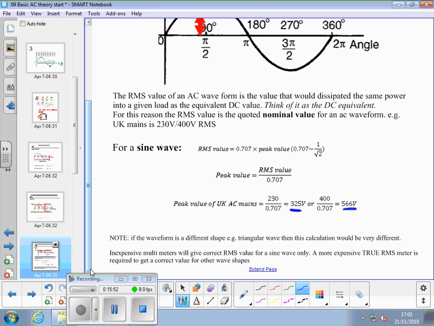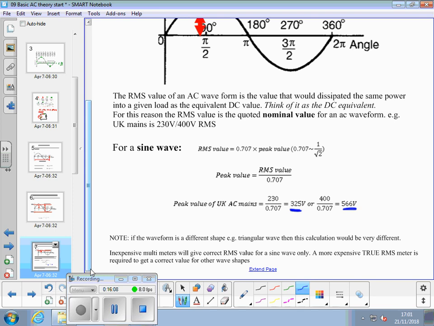But if you put them onto a triangular wave, they won't give you a true reading. You have to pay a lot more money for a true RMS meter, which will give you a true RMS reading for any shape waveform.